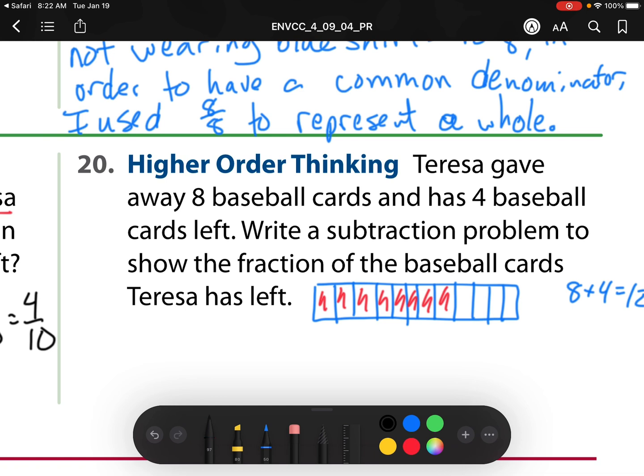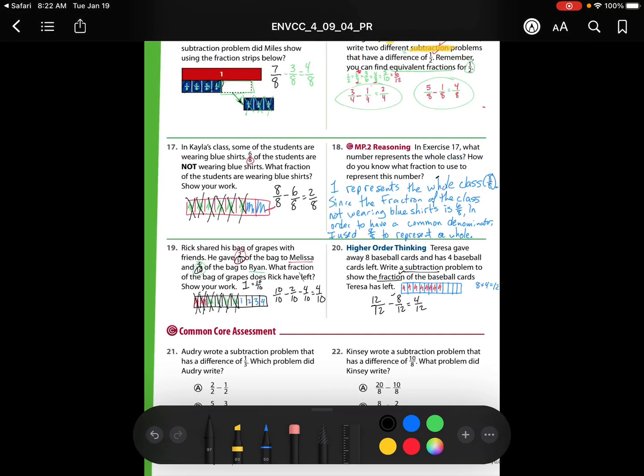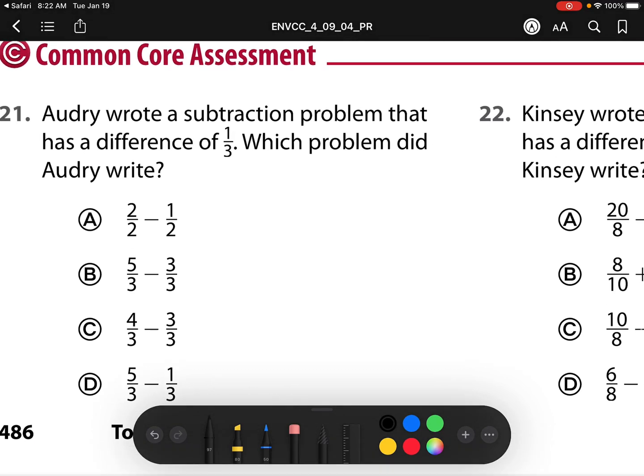So what did we start out with? Well, we start out with 12 twelfths, because that's the whole. And we gave away 8 twelfths, and we're left with 4 twelfths. And here we have our subtraction problem, and we have our fraction. So it looks like we followed all those directions. So now to 21. Audrey wrote a subtraction problem that has a difference of 1/3. Which problem did Audrey write?